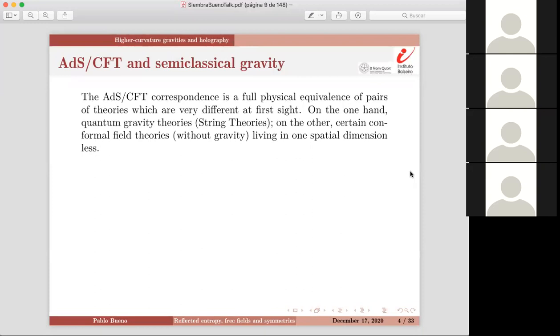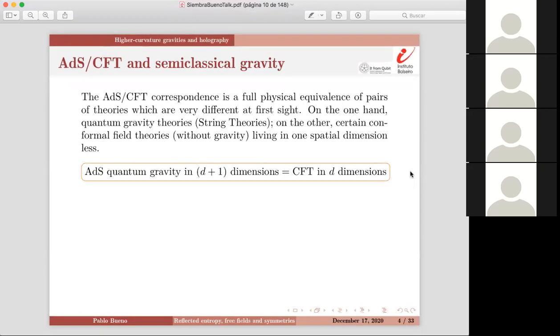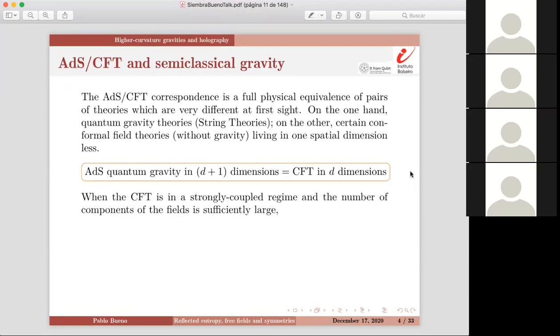And on the other hand, certain classes of conformal field theories in which there's no gravity, which live in one spatial dimension less. So in particular, the quantum gravity theories live in asymptotically AdS spaces in D+1 dimensions. And these are completely equivalent in principle to conformal field theories which live in D dimensions. So this is supposed to be valid at all possible regimes, but in particular in the regime.